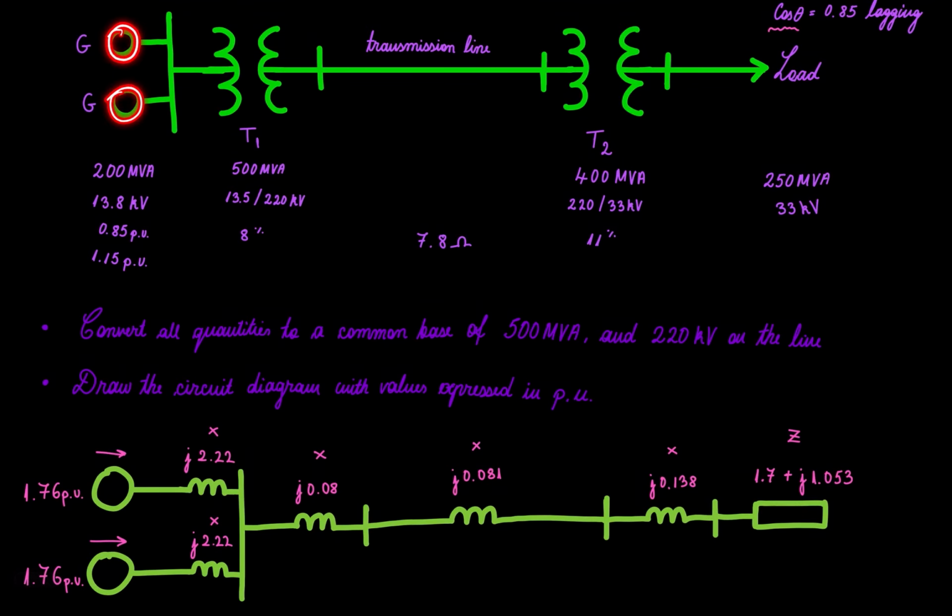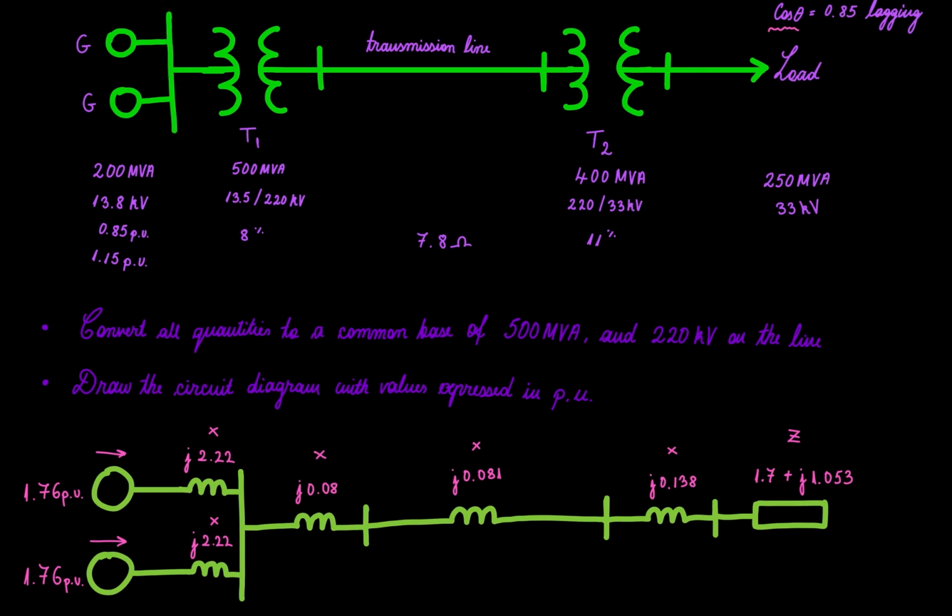The generators here, we know they are generating 1.15 per unit, so we need to find out the new per unit based on this new base we're using. Then from the generators we're going to have reactance for each of them to calculate. Then bus bar and transformer.